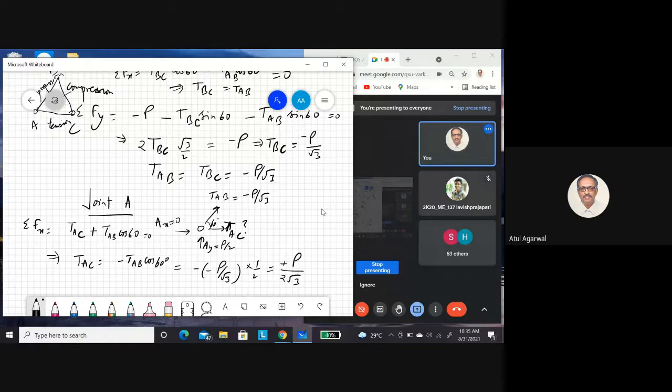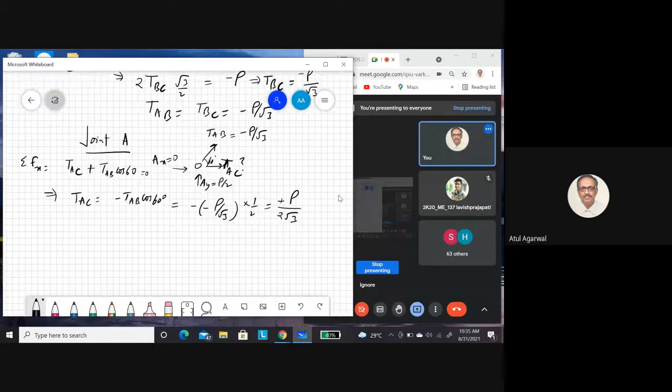Any questions? So now you have solved the truss. Finding internal forces in the members is called solving the truss. So you can find also stresses. Stress is force upon cross-sectional area, the area of cross-section.